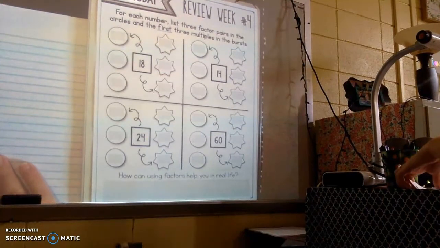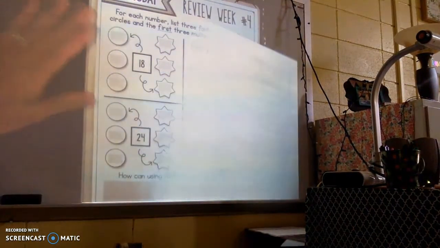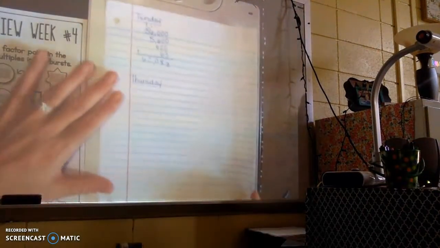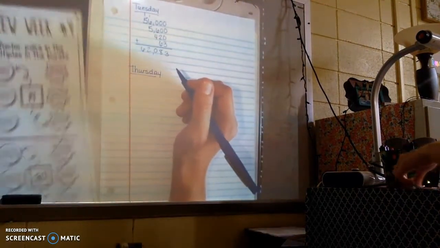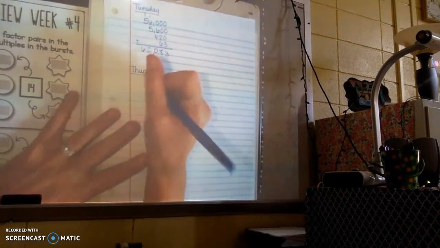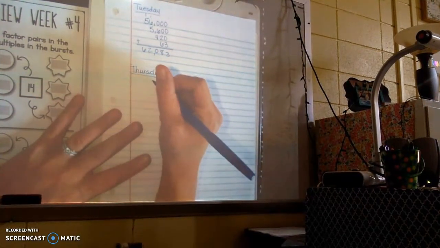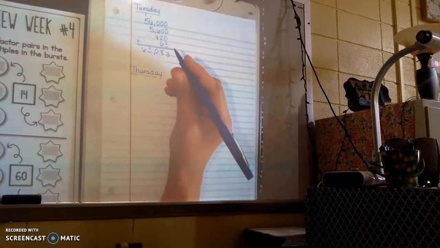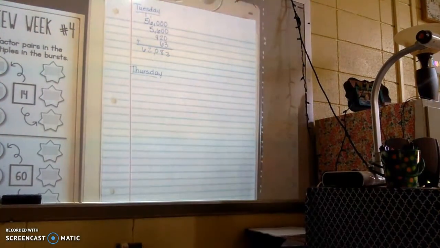Okay, I'm going to get my scrap paper and pull it over here so that we can talk about factors and multiples. So first I'm going to list factor pairs. When I'm thinking of factors for a number, I'm thinking of what 2 numbers can I multiply together to get 18 as their answer.